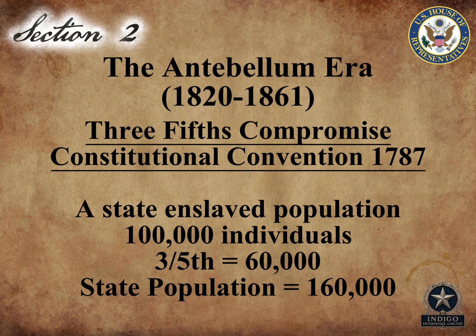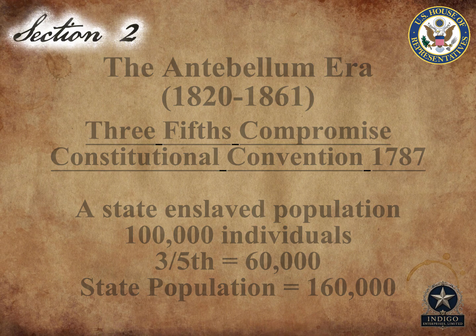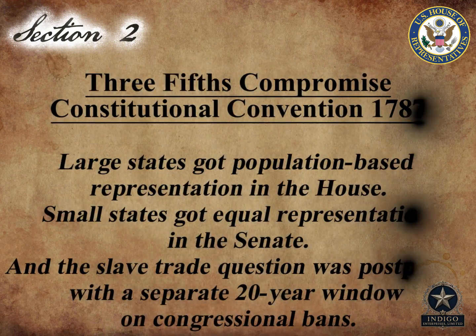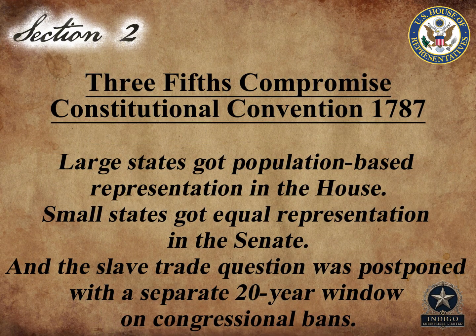Now, the political effects: more seats meant more committee chairs, more votes on tariffs, banks, and slavery policy, and a stronger hand in choosing the speakers and presidents in the early republic. So here are a few links to other compromises that came about.